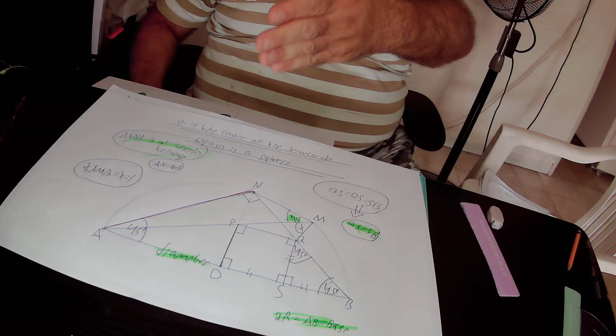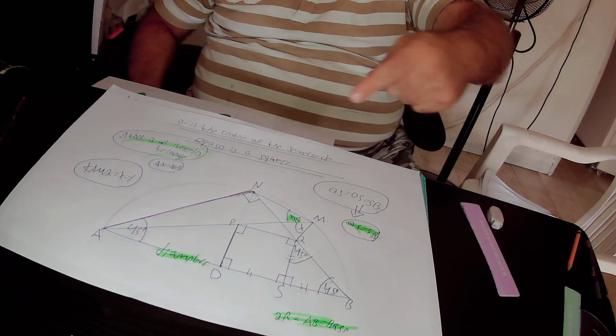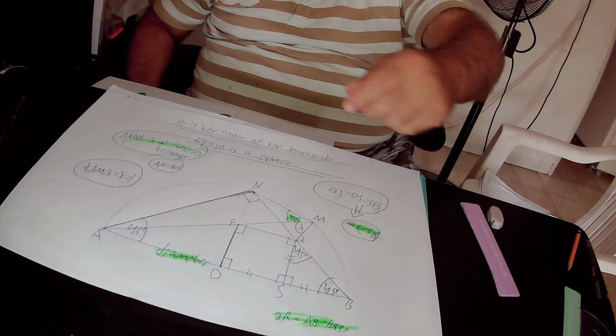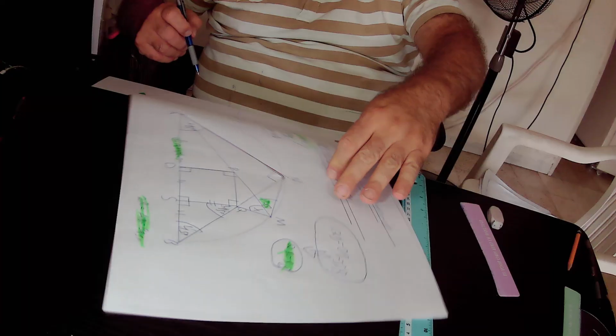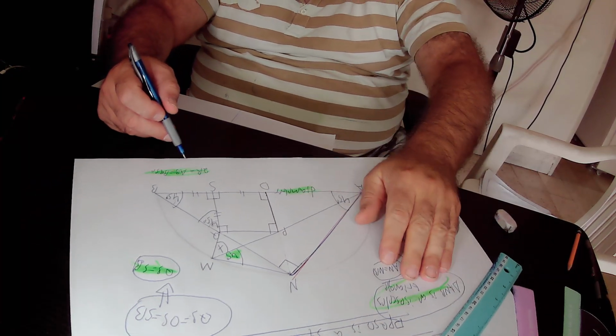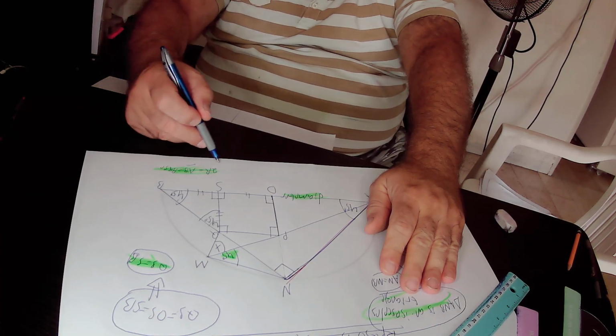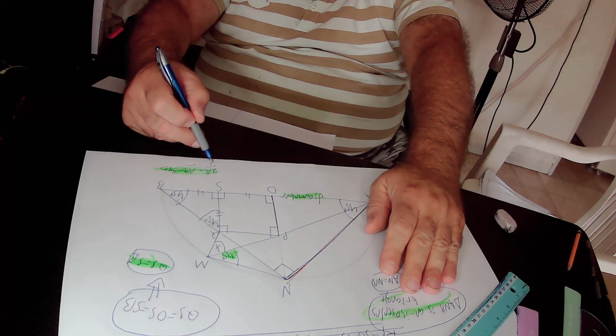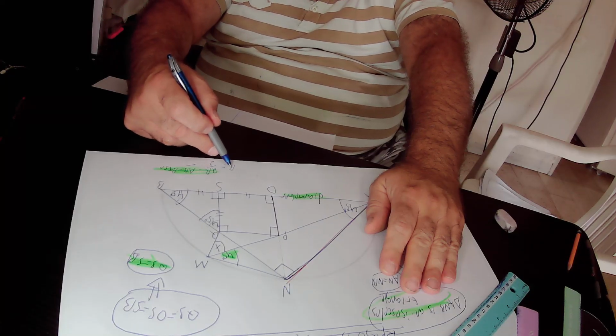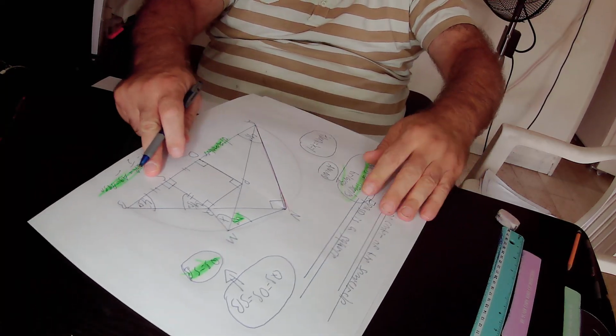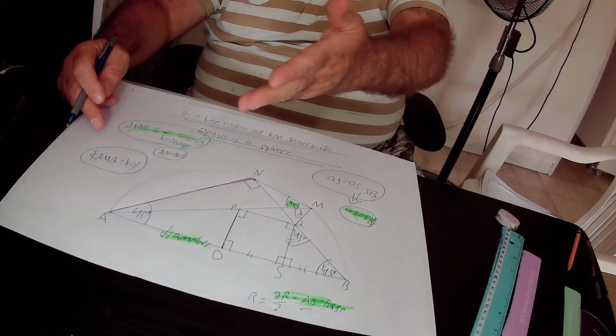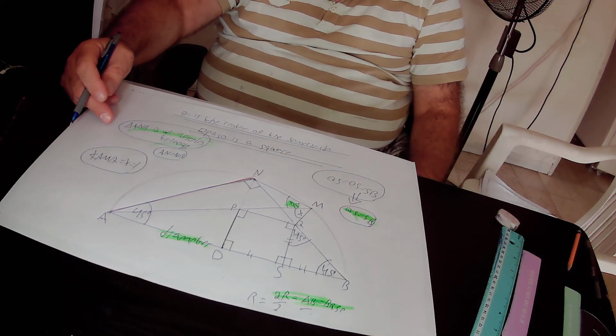That is to say, it divides the base AB into two halves. Each half must be equal to AB over 2. AB over 2 is 2R over 2, because AB is also the diameter. 2R over 2 is R. So each half must be equal to R, that is the radius of this semicircle.